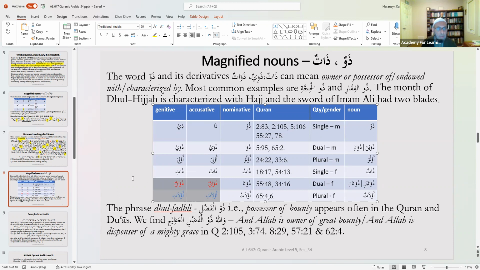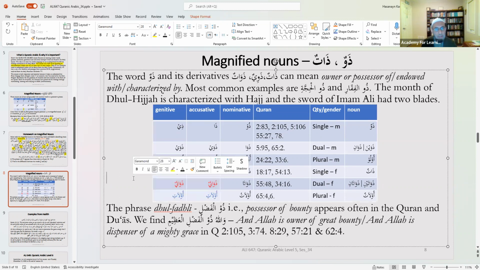Remember, we said mu'minin is both accusative and genitive. The same way, zawati. So keep in mind that here accusative and genitive are the same. That's why I colored this.